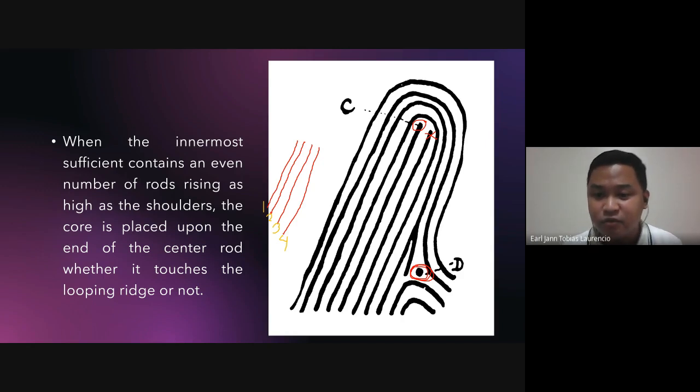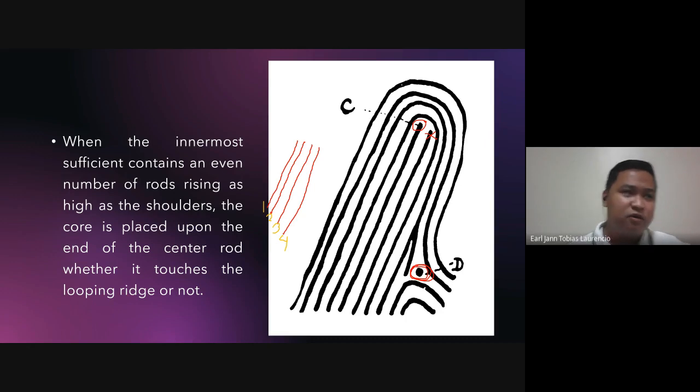Rod number 2, on the other hand, is far from the delta. Sir, why haven't we chosen rod number 1? Rod number 1 is far also from the delta. In fact, it is the farthest of the rods from the delta.